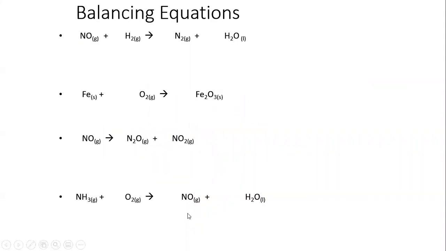So we'll go through these 4 examples. In the first example, we have NO plus H2 gives us N2 plus H2O. So the first thing we want to do is determine the number of each element on both sides of the equation. So we have 1 nitrogen, 1 oxygen, 2 hydrogen on the reactant side.